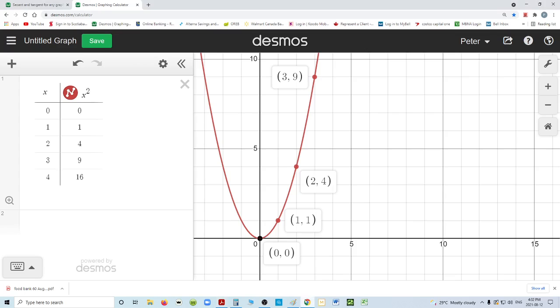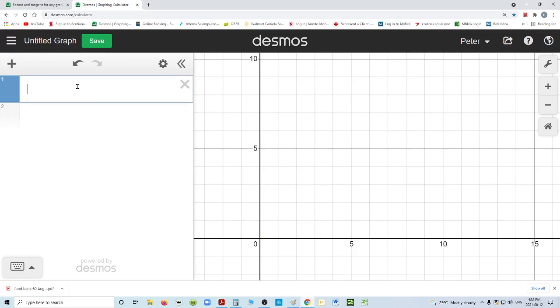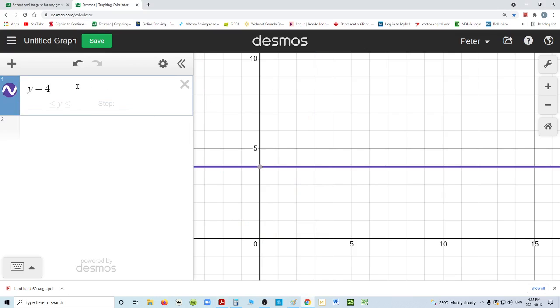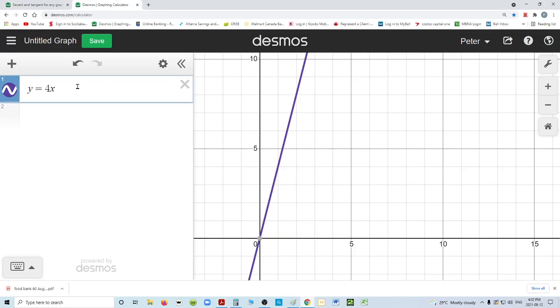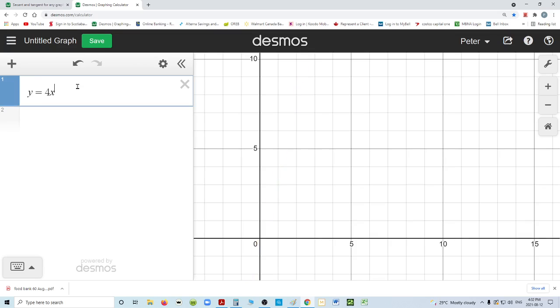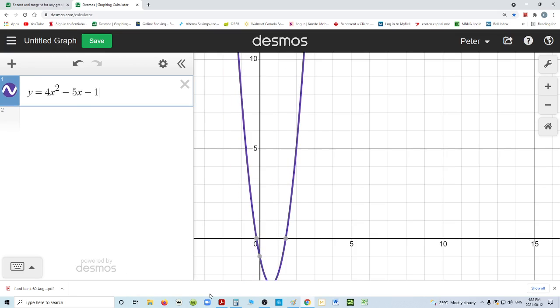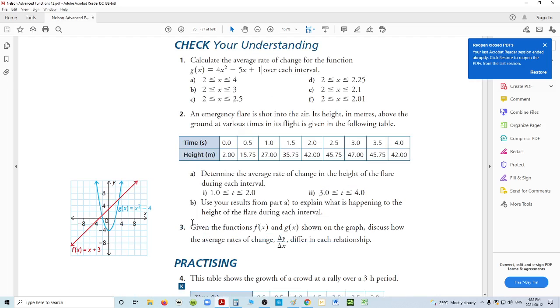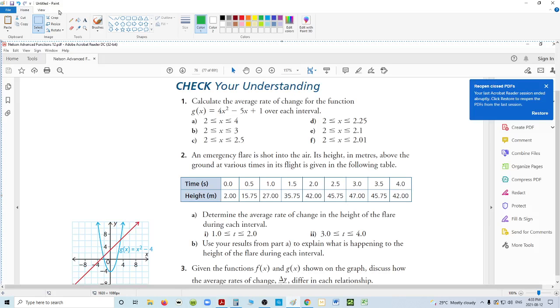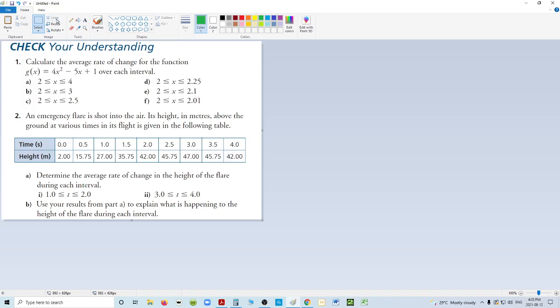So I'm going to just use 4x squared minus 5x minus 1, which I believe was what was used. And I'm going to just take a nice carbon copy of that. I'm going to go to here and just paste it. Like, let's just do the first two.